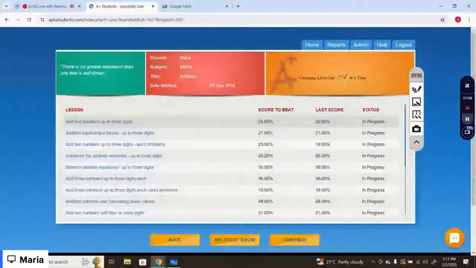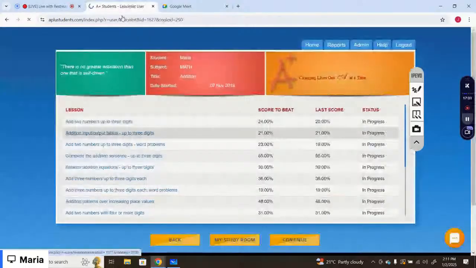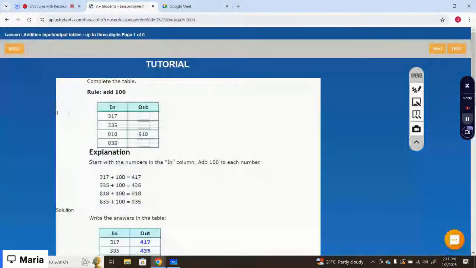The next lesson is input output tables up to 3 digits. So start with the first example. The rule is you need to add 100.